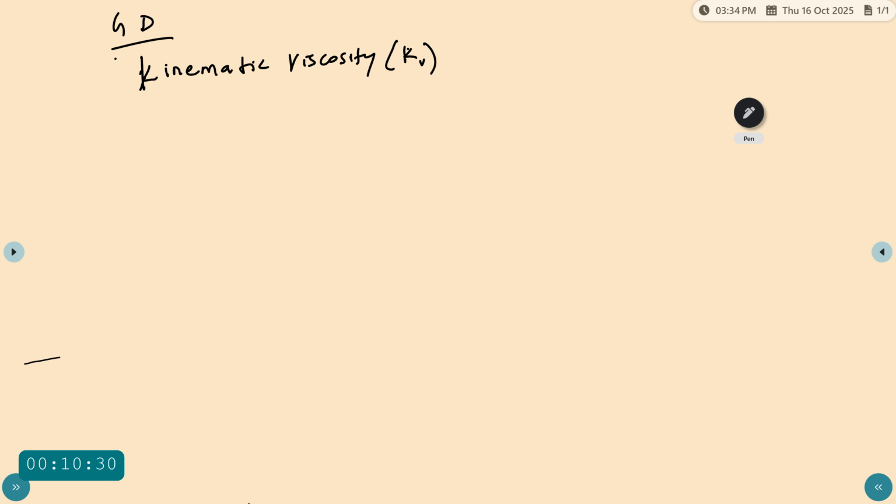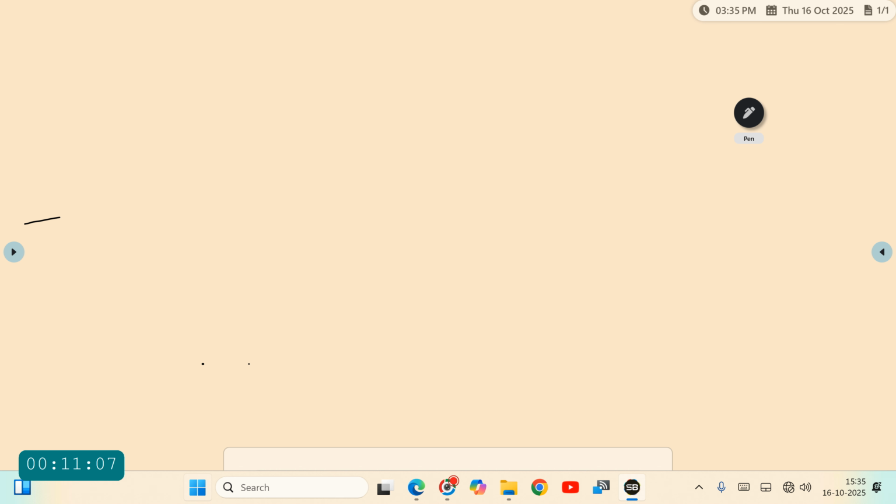Kinematic viscosity is given as 6 stokes. Stokes is a unit for measuring kinematic viscosity, but we need to convert it into meter squared per second as per the standard SI unit. So it is 6 into 10 power minus 4 meter squared per second. For converting stokes into meter squared per second, we multiply the value by 10 power minus 4.